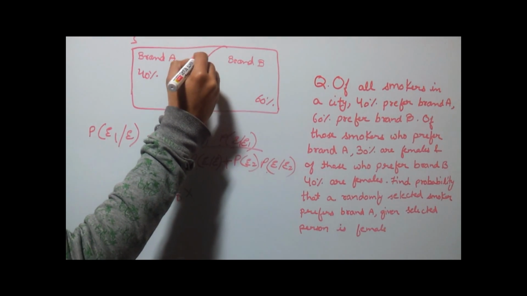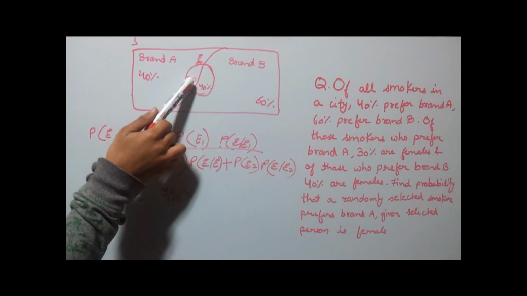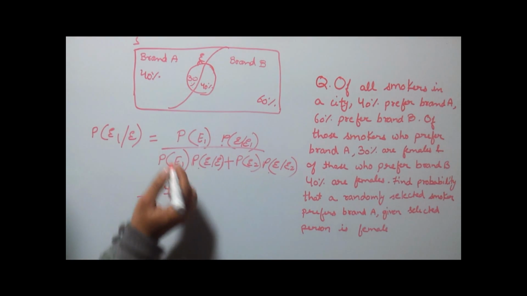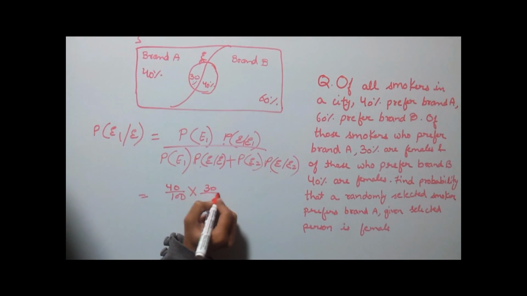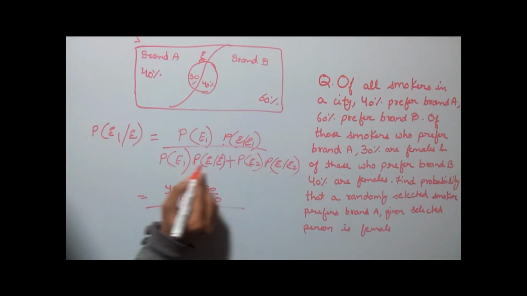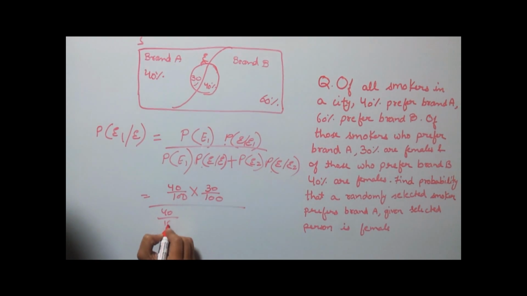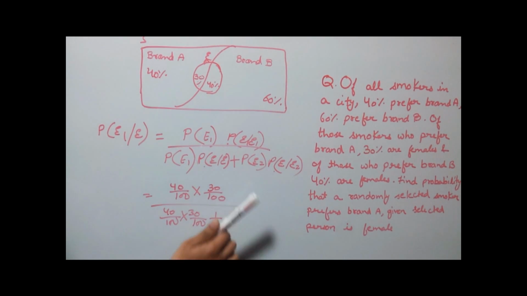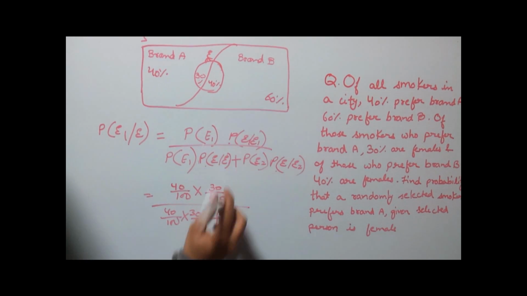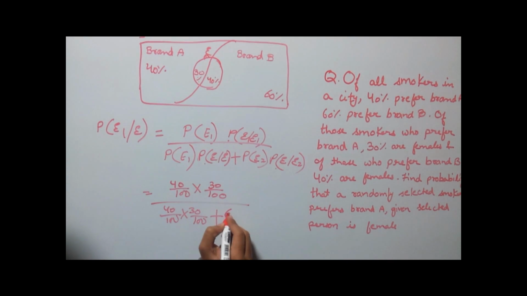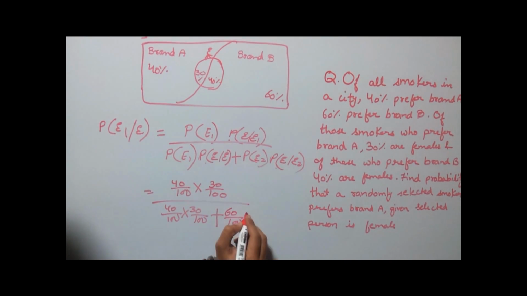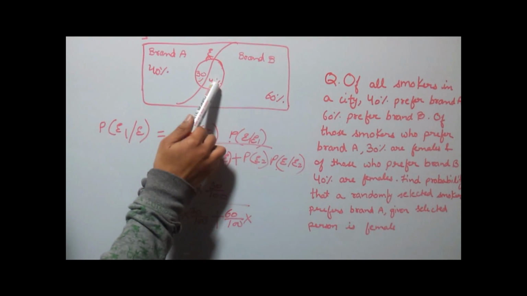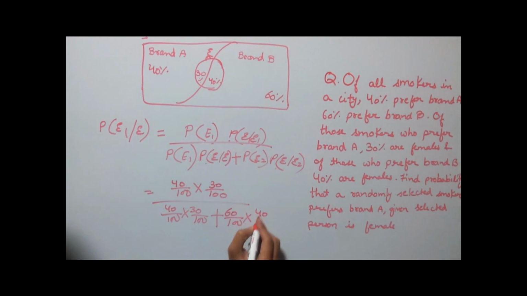This is event E, so the probability that they are females given they are from brand A is 30%, which is 30 by 100, divided by the same 40 by 100 into 30 by 100 plus the probability of E2, which would be 60 by 100, into the probability that people from brand B are also females, which is 40 by 100.